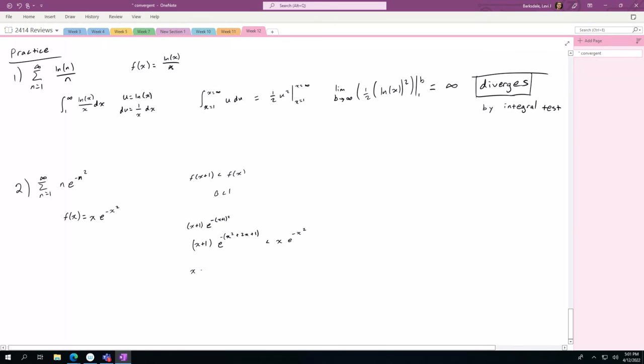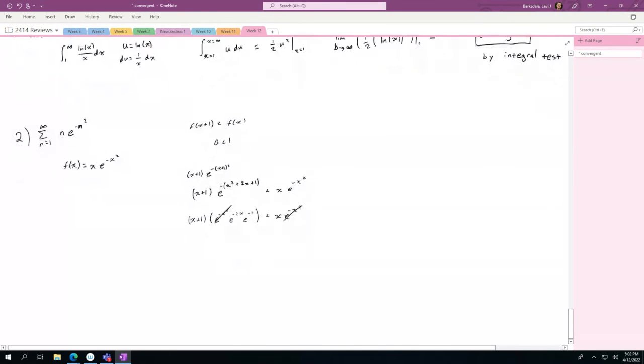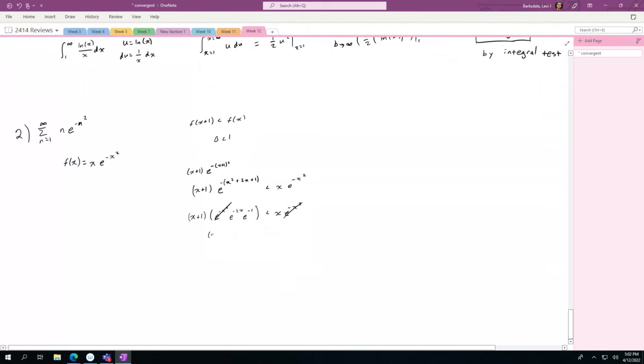We have x plus 1, and I'm going to distribute my negative and actually break everything apart. So e to the negative x squared, e to the negative 2x, e to the negative 1, right? Now I can cancel out an e to the negative x squared on both sides. So then my claim is now x plus 1 times e to the negative 2x, e to the negative 1 is smaller than x.